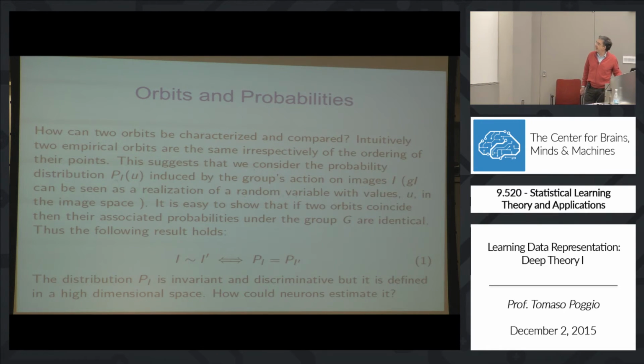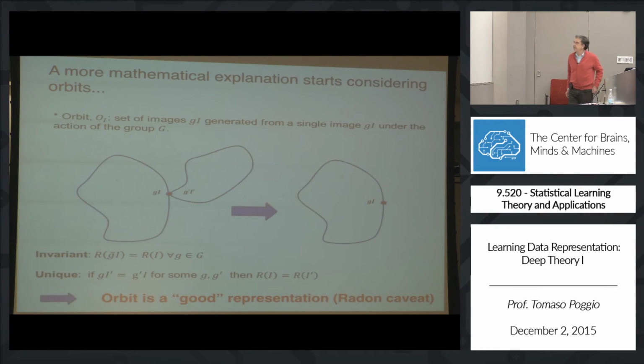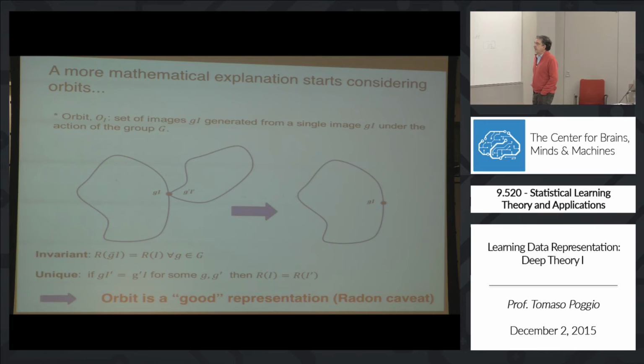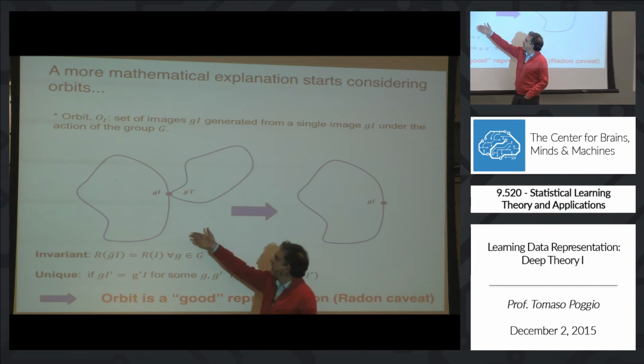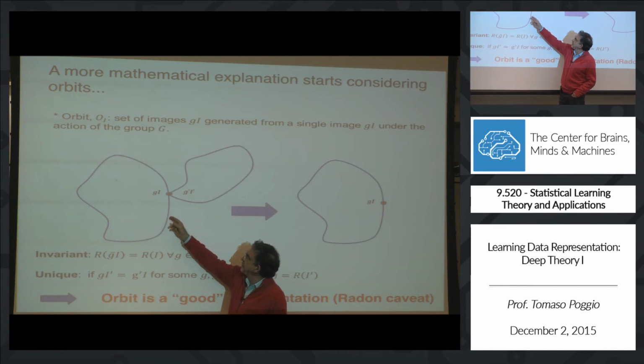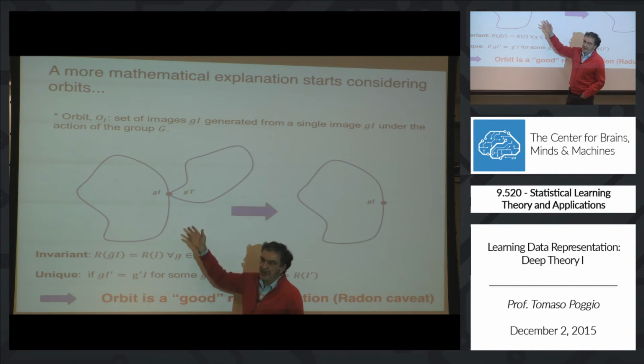So now, orbits generated by a group have an interesting property: they are unique.